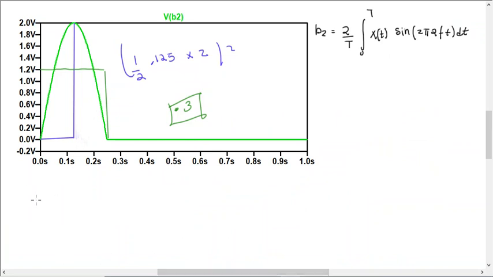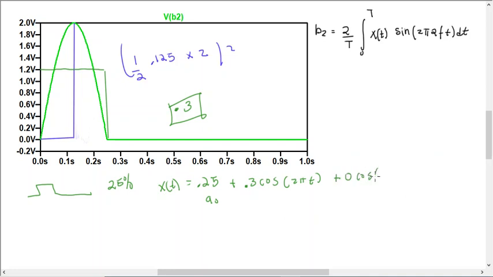So what are the first few terms of the Fourier series of a 25% duty cycle square wave? Now, there's actually an infinite number of terms, right? But we're just doing the first few. So x(t) will equal 0.25, right? Because that's a naught, plus 0.3 cosine 2 pi t, plus 0 cosine 2 pi 2 times t.